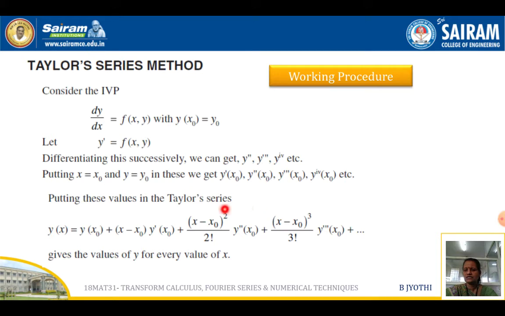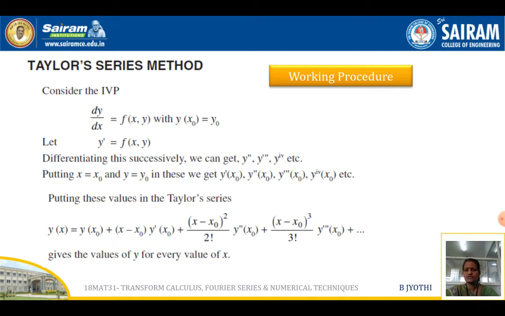Putting these values in the Taylor series given by y of x is equal to y of x0 plus (x minus x0) y dash x0 plus (x minus x0) the whole square by 2 factorial into y double dash of x0 plus (x minus x0) the whole cube by 3 factorial y triple dash of x0 and so on gives the values of y for every value of x.